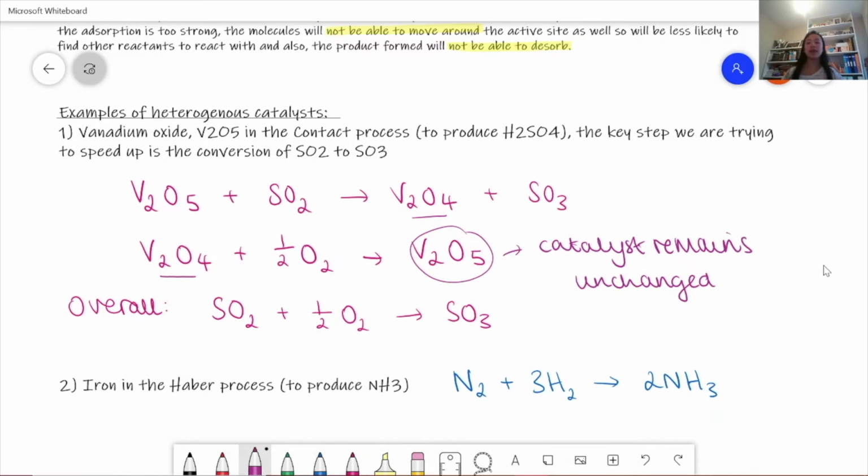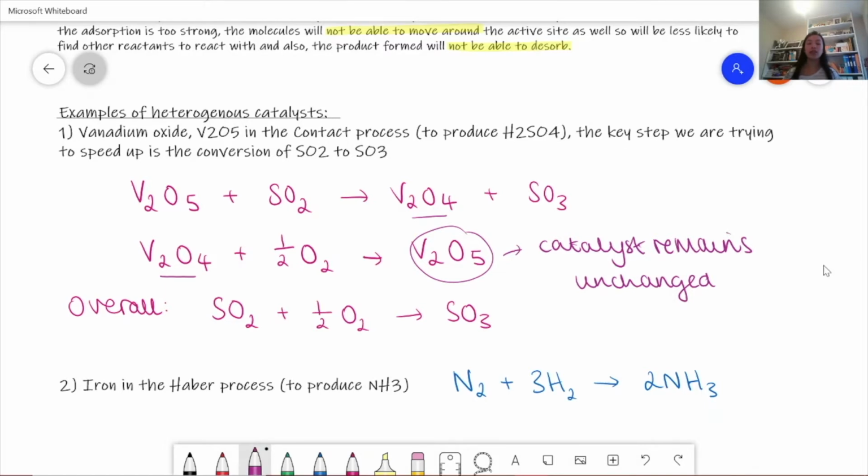And the second example we need to know is that iron is used in the Haber process to produce ammonia. So we have nitrogen and hydrogen, and then we have solid iron, also on the support medium, the honeycomb, to speed up the reaction to form ammonia.